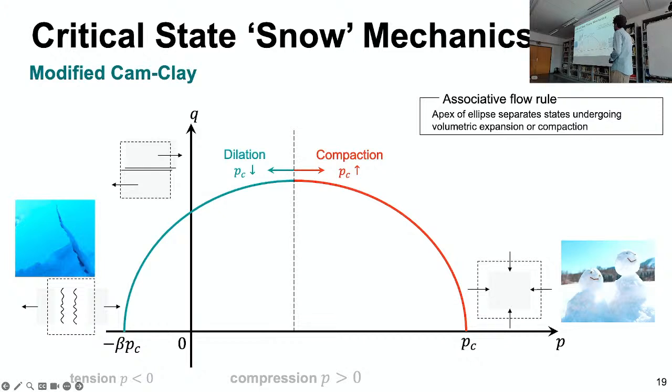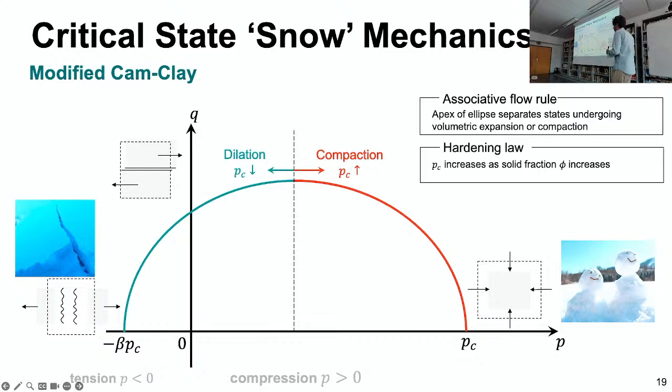And we then introduce a hardening law. So that tells us how our yield surface is going to evolve with the volumetric compaction. So if we have compaction of the snow, our snow is going to get harder. We want to increase our yield surface so it gets stronger, right? And vice versa, if we have dilation, our material gets sort of weaker.